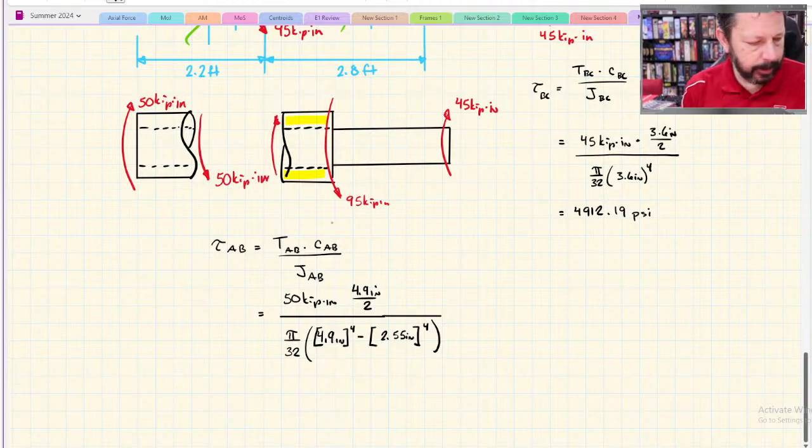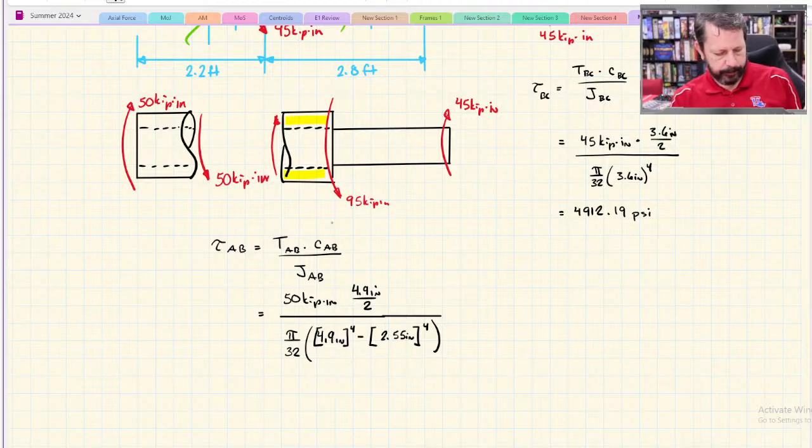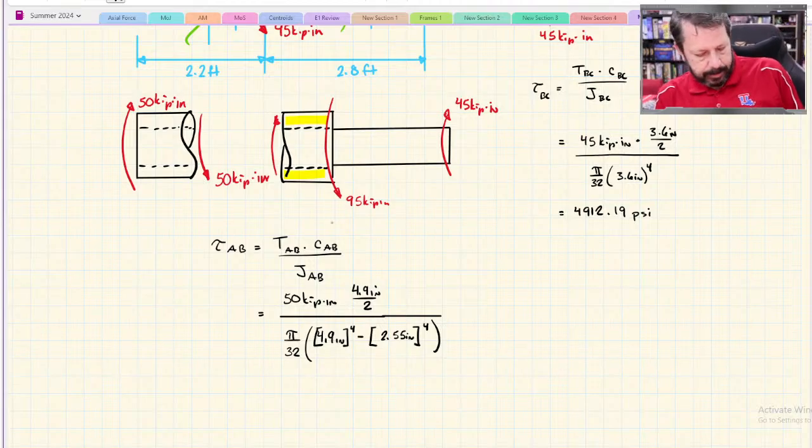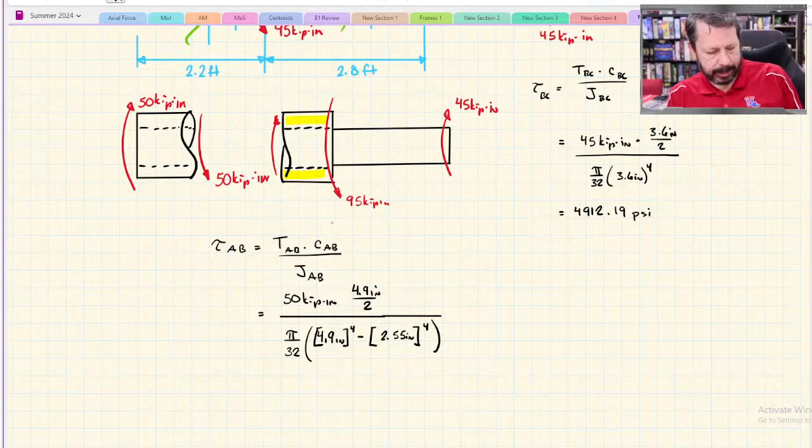So a more complicated equation to solve, but we should be okay. 4.9 to the fourth minus 2.55 to the fourth times pi divided by 32.